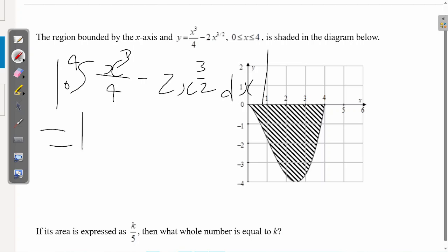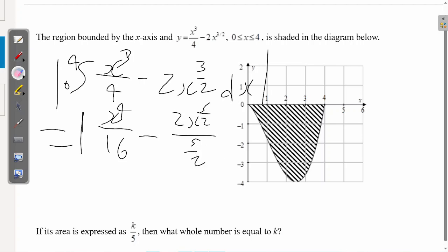Okay, so it will be the absolute value of x to the power 3 over 4 becomes x to the power 4 over 4 times 1 over 4. So it's x to the power 4 over 16 minus 2x to the power 3 over 2 will become 2x to the power 5 over 2 over 5 over 2, which will be equal to 2x to the power 5 over 2 times 2 over 5.